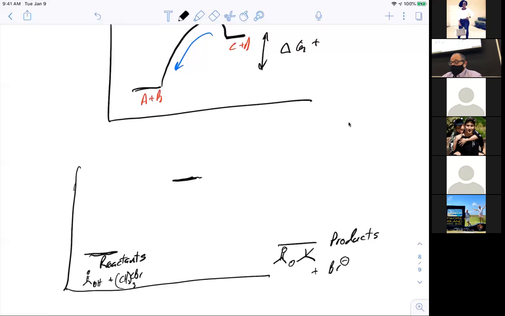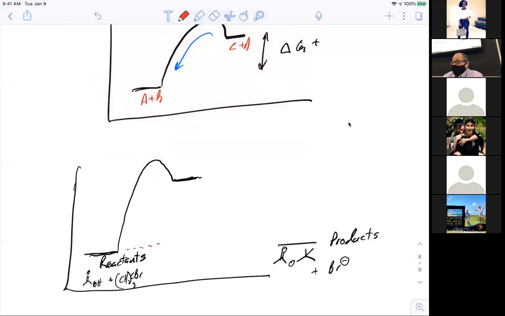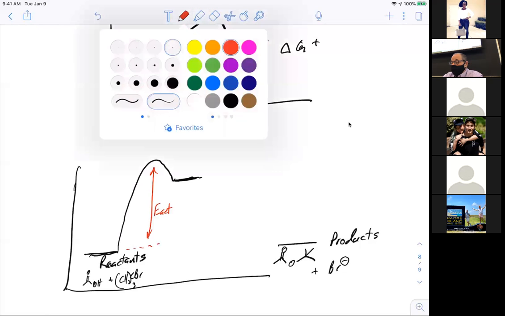Now, if we think about our energies, it's probably going to take a decent amount of energy to get over that bond breaking. You're going to a high energy species anyway, so you've got a really high energy of activation. That then gets us to this middle point.